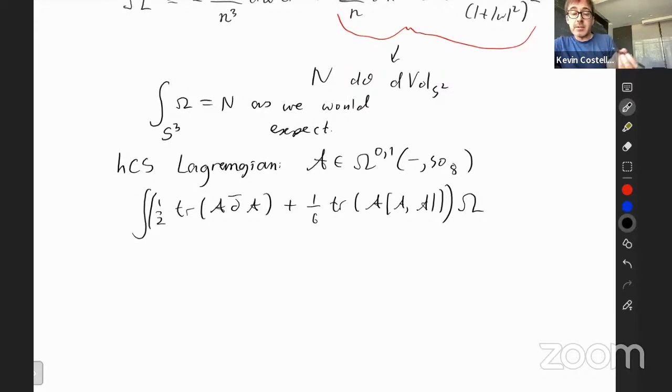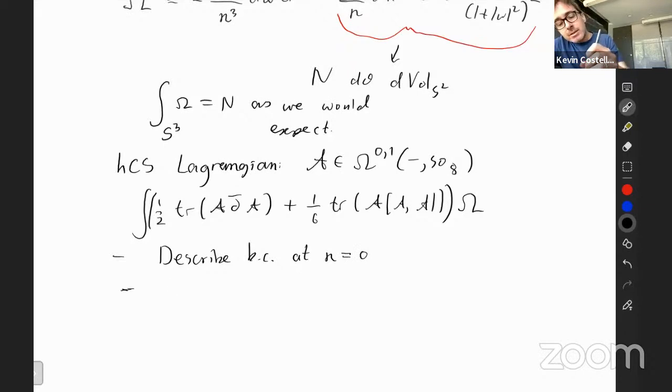To describe the holographic chiral algebra, we have to first describe boundary conditions at N equals 0. This is on the boundary of our geometry.